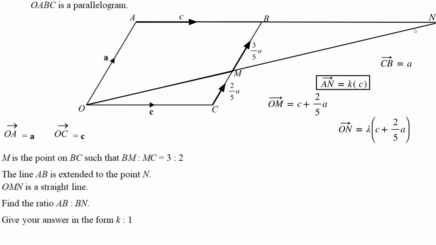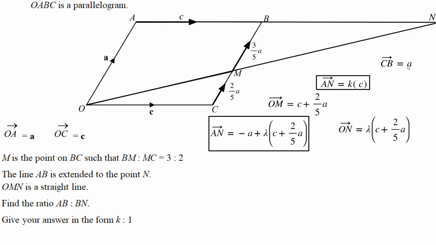So A to N is some scalar multiple multiplied by this. So this line here, which we know is c plus 2/5 a, imagine you extended it out by a factor of lambda to N. So A to N is that, and then A to N is down here and then up that. And that's our second way.